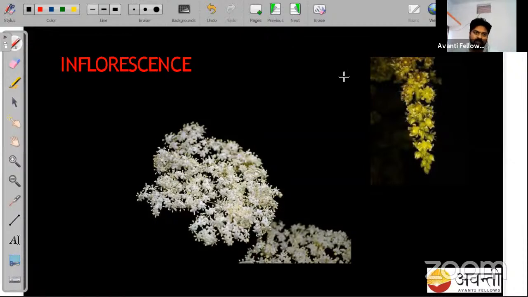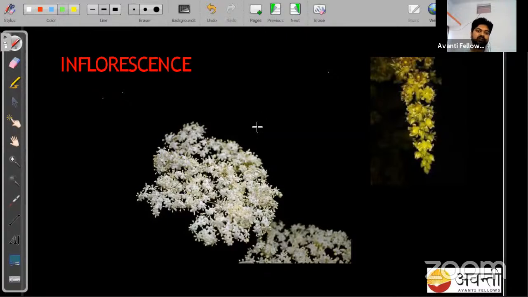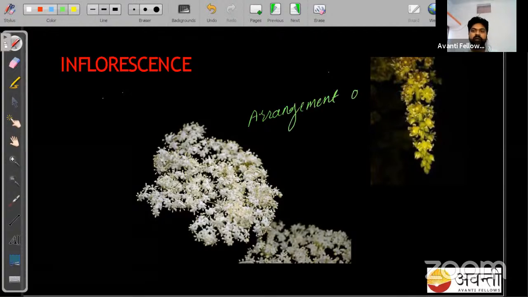Okay, someone says arrangement of flowers on the floral axis, arrangement of flowers, pattern arrangement of flowers. ठीक है चलिए. So inflorescence is nothing but an arrangement of flowers.